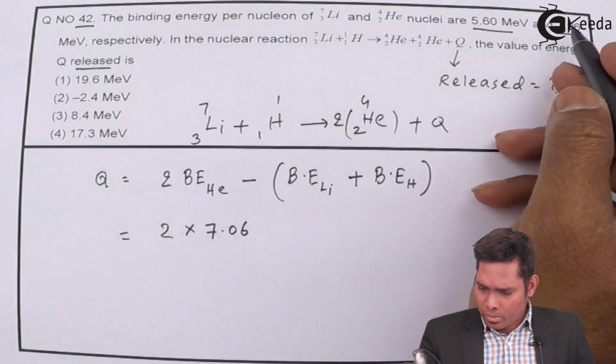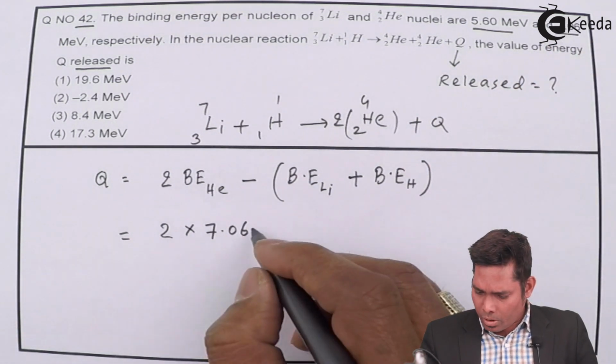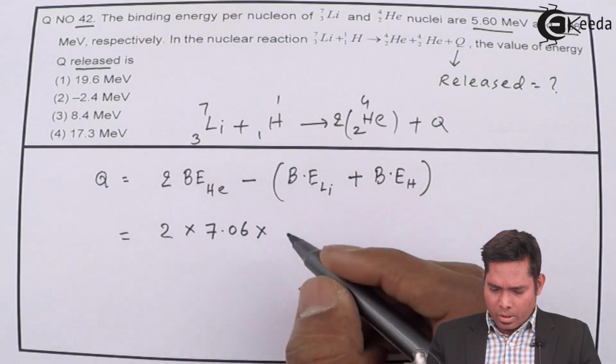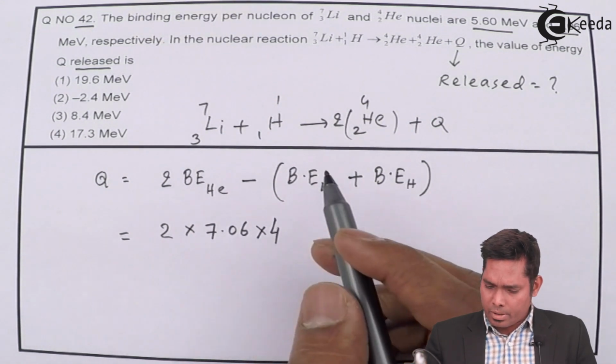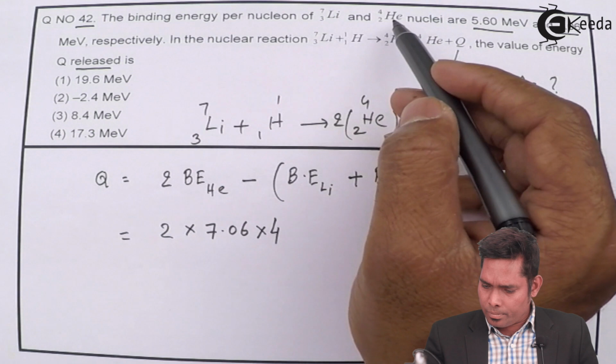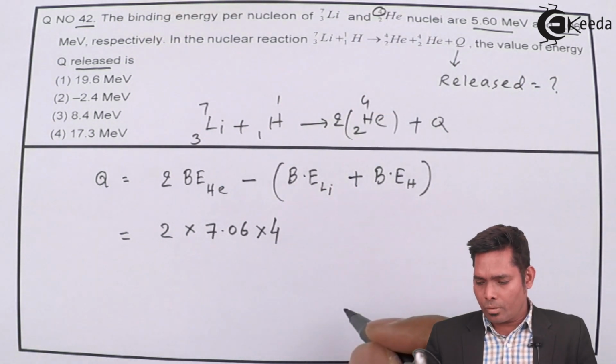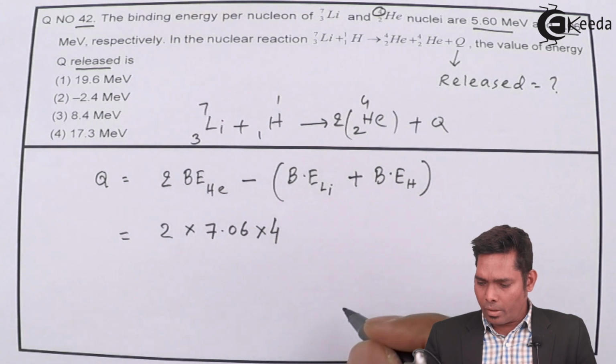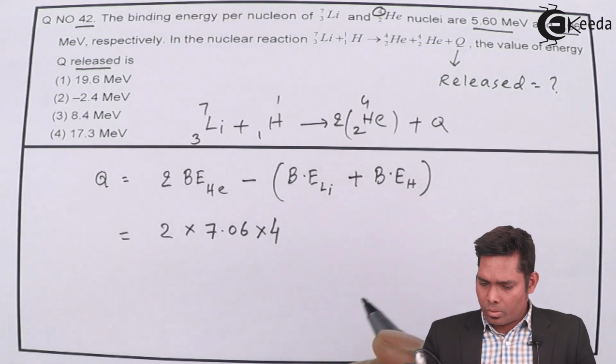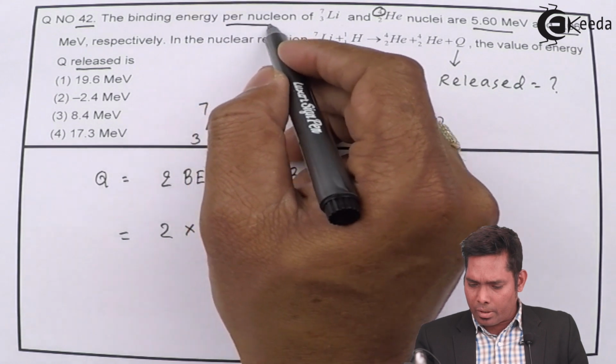per nucleon. This is into 4, because helium has mass number 4. So this is the binding energy per nucleon.